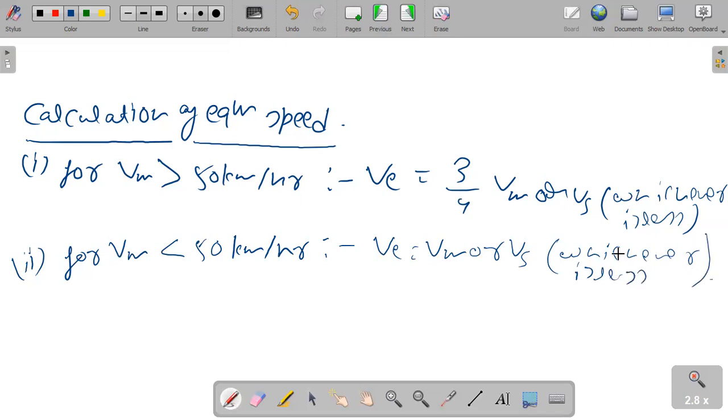So these are the two conditions for calculation of equilibrium speed. Another thing in equilibrium speed is the average equilibrium speed. How do you calculate the average of equilibrium speed? That is our third thing.